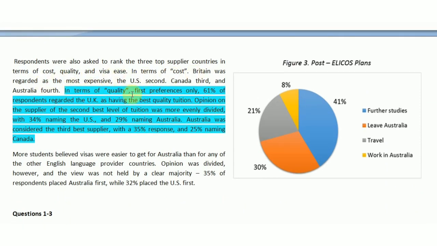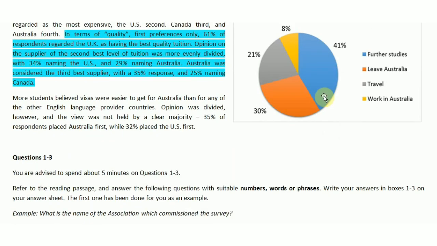Cost one we have read, quality one also we have read, and now comes visa ease. More students believed visas were easier to get for Australia than for any of the other English language provider countries. So Australia comes first in terms of ranking when it comes to getting visas. So this is definitely going to be our answer, visas.